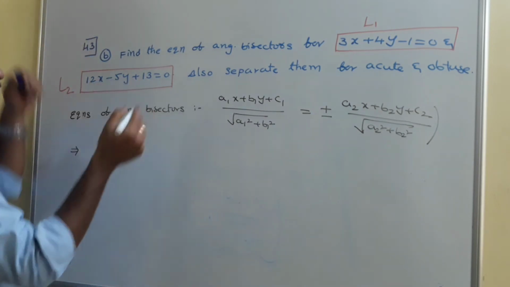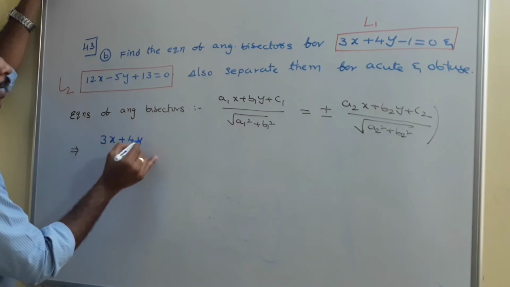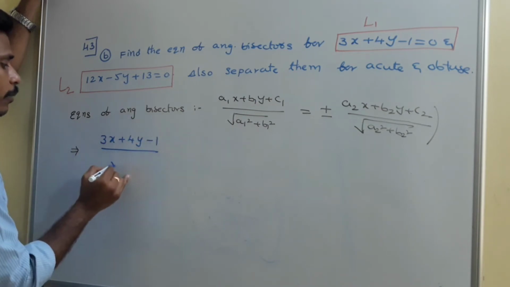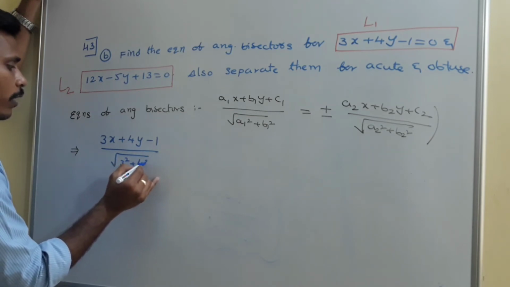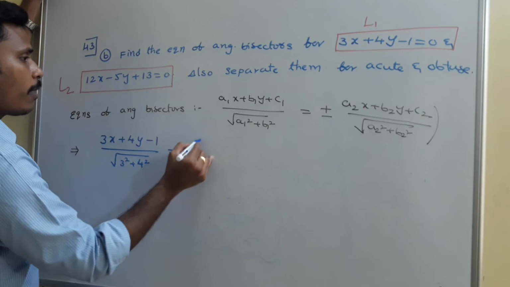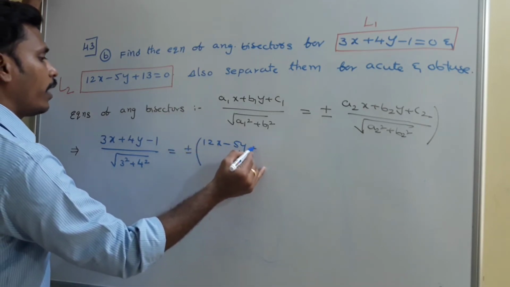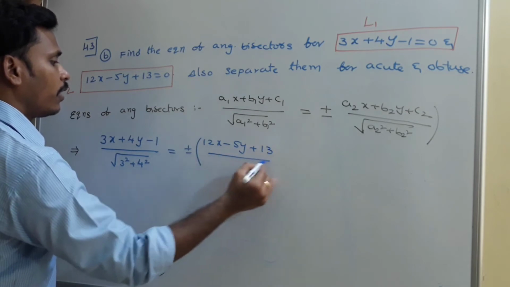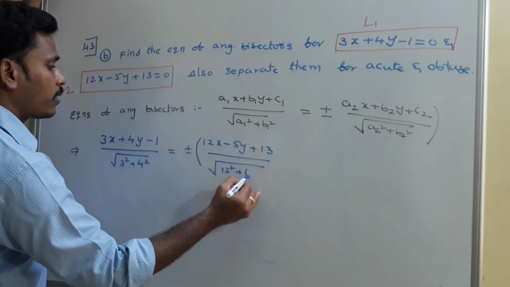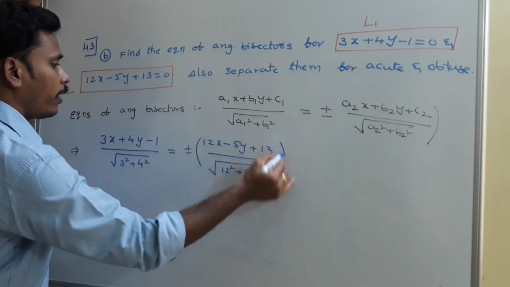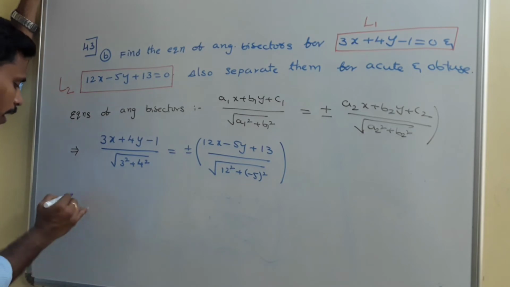So 3x plus 4y minus 1 divided by root of 3 square plus 4 square equals plus or minus the second equation, 12x minus 5y plus 13 divided by root of 12 square plus minus 5 square. We need to simplify it with plus sign once and with minus sign once.